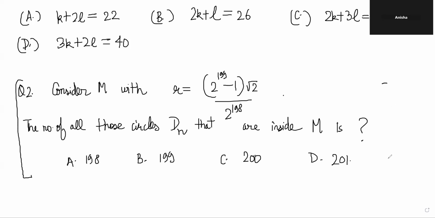Both of the problems relate to how many circles are inside the region M. The region M is a circle of radius r centered at the origin, the interior of it. So for all of the circles that you have figured out, Cn and Dn, you have to figure out how many of them will be inside that big circle. So try these two questions as homework.